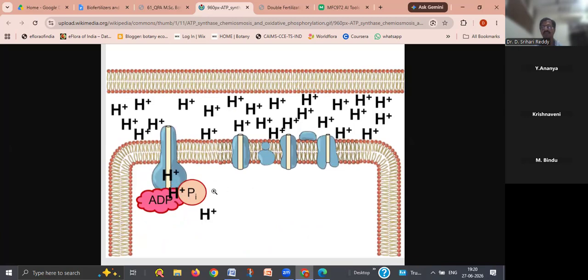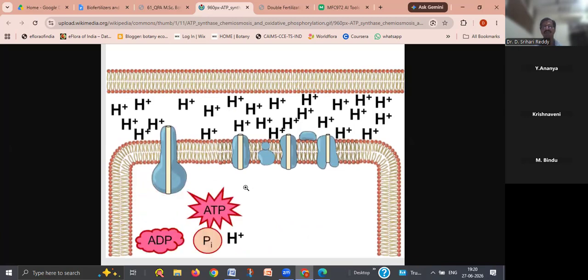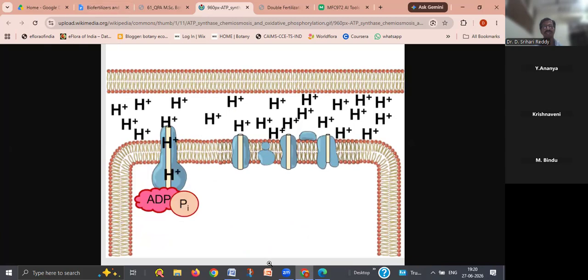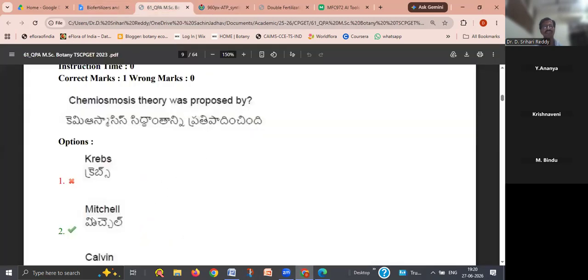Peter Mitchell proposed this theory and he got the Nobel Prize for this. So that is the answer for this. Peter Mitchell proposed this chemiosmosis theory and he got the Nobel Prize for this. It is related to ATP synthesis. ATP synthesis is also called phosphorylation. There are two types.